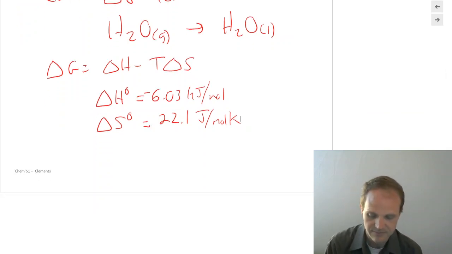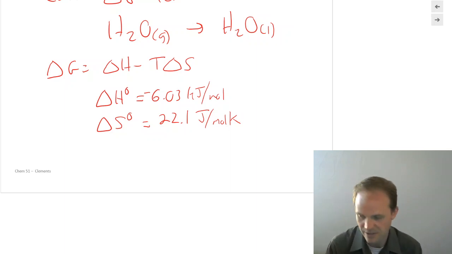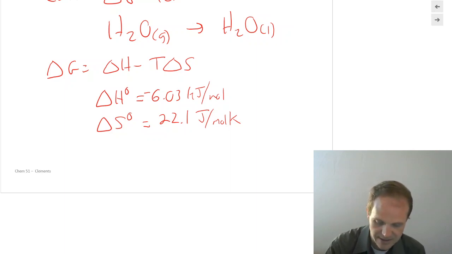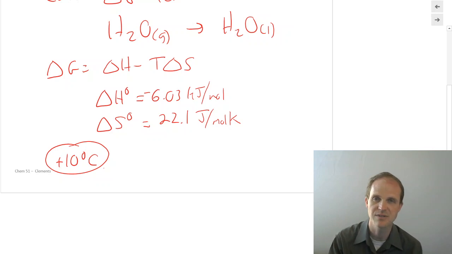All right, well, let's go ahead and just violate our temperature thing just to begin with. So we're going to look at this first at positive 10 degrees Celsius. At positive 10 degrees Celsius, it turns out delta H and delta S, we can use those standard state ones, and it works out pretty well.